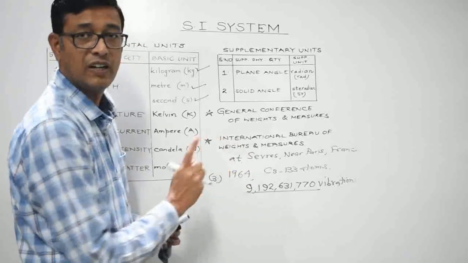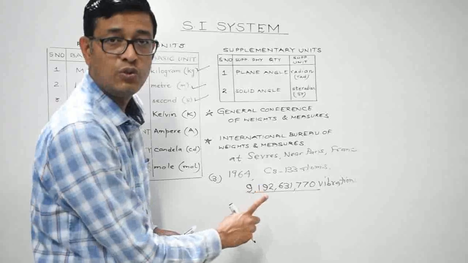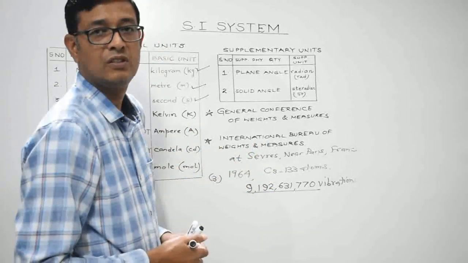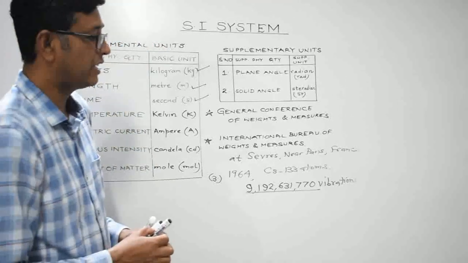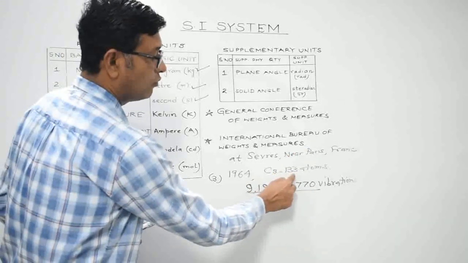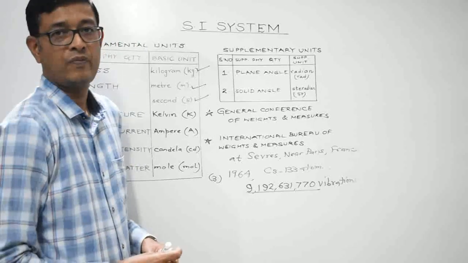So 1 second is defined as the duration of 9,192,631,770 vibrations of the radiations emitted between the two hyperfine levels of cesium-133 atom.